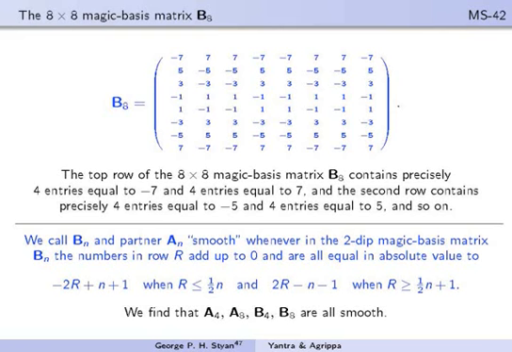We can therefore scale things, but before doing that scaling, we'll just say that the matrices An and Bn I will call smooth whenever in the 2-dip magic basis matrix, as you see here, the numbers in row r add up to 0 and are all equal in absolute value: minus 2r plus n plus 1 when r is less than or equal to a half n, and 2r minus n minus 1 when r is greater than or equal to a half n plus 1. And we find that A4, A8, B4, and B8 are all smooth.